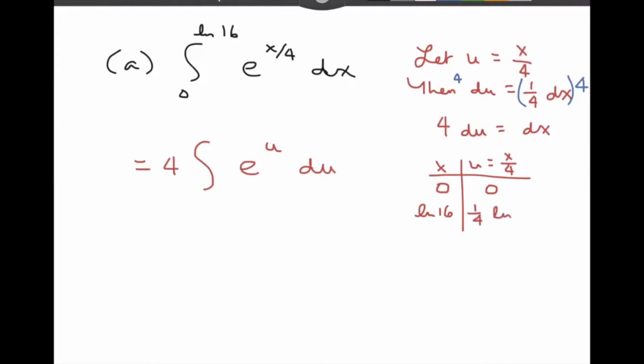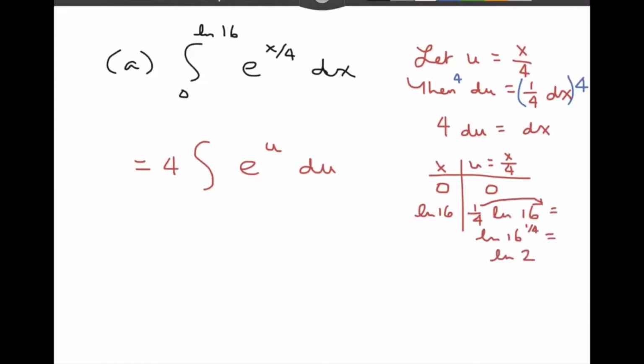Now here's something cute we can do. By the power property of logarithms, 1/4 natural log 16 is natural log 16 to the power 1/4. And 16 to the 1/4 just happens to be 2.